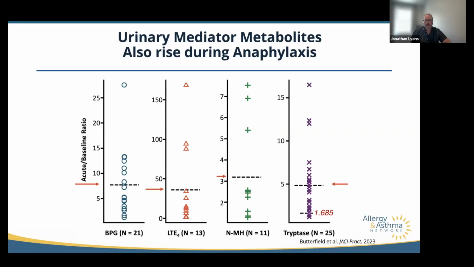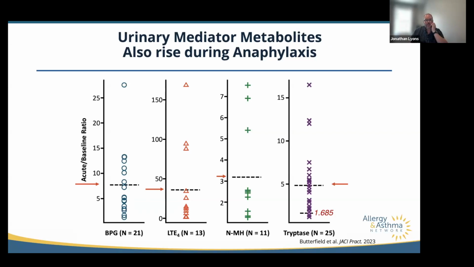And in addition to histamine, there are breakdown products of lipid mediators. So that includes 2,3-BPG, or BPG shown over here, which is a terminal degradation product of prostaglandin D2, is really what we think is where the business is mostly. And then LTE4, which is the terminal cysteine in that pathway that has a longer half-life than the others.